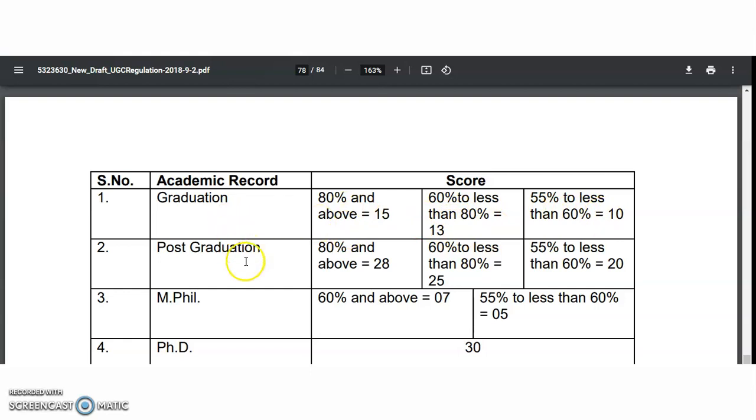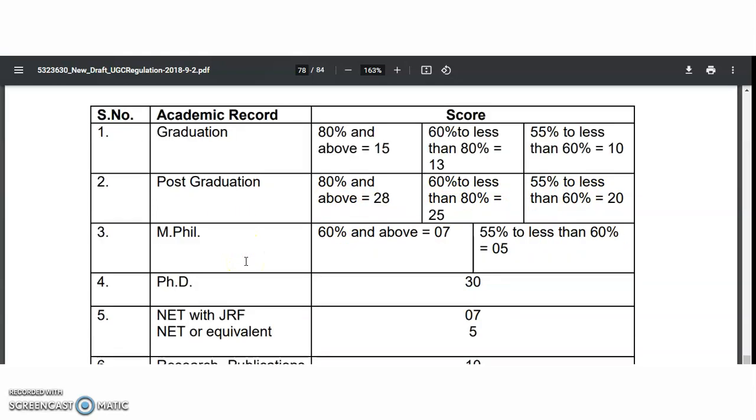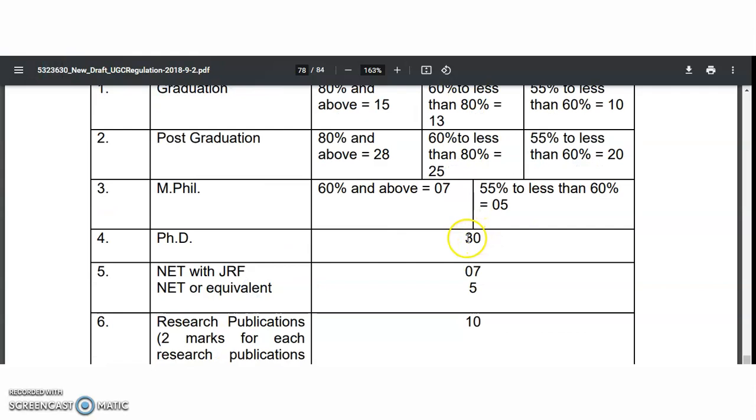Graduation and post graduation I am not going to focus on in this video, but the main point I want to raise is for the PhD candidates. The candidates applying for assistant professor who have completed the PhD will get 30 marks. The candidates applying with only NET qualification will get 5 marks.